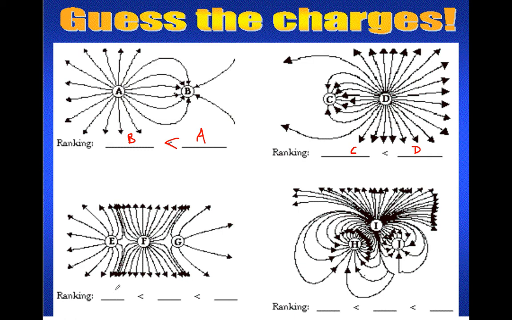So the weakest would be G is less than E, which is less than F, or F is greater than E, which is greater than G, whichever way you want to think about it. And then you look right here, and I know it's a little confusing, but it's actually J, H, and then I.